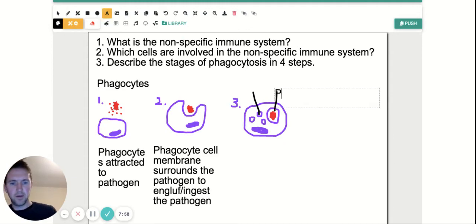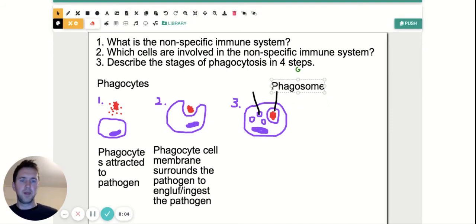That is the phagosome. When the membrane is fused, it's formed this vesicle, specifically called a phagosome, that contains the pathogen.